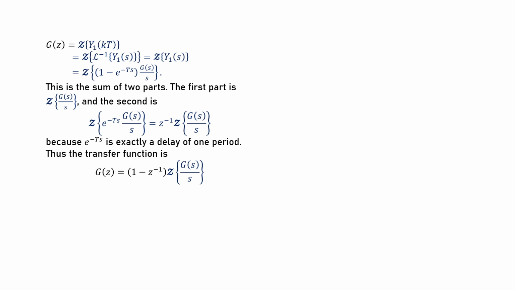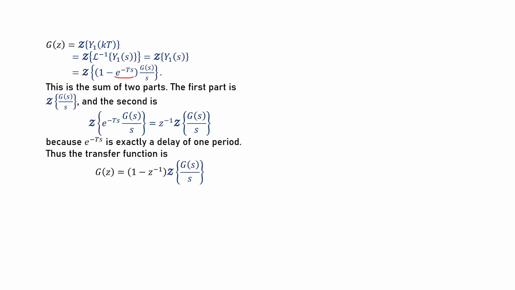Then you substitute Y1(s) from the previous slide here. Let's take a look at it closely. You can see that actually this is just two parts, right? The sum of two parts, when you distribute this one to one term here and then this one to this term here, right?